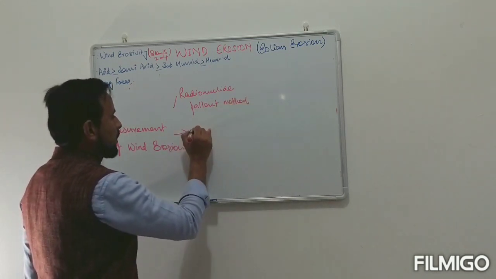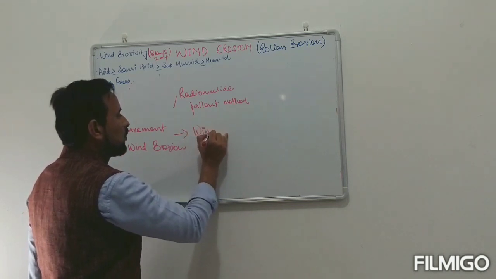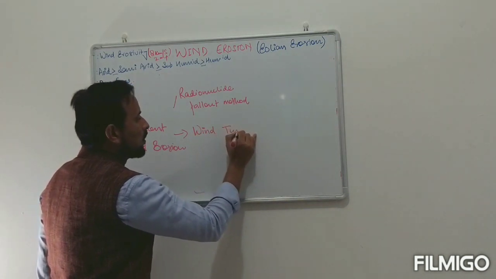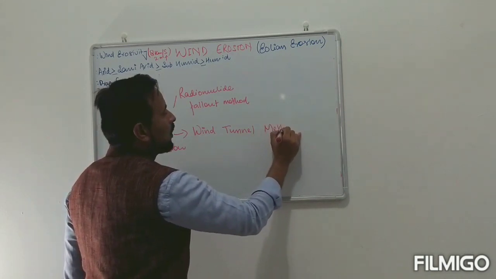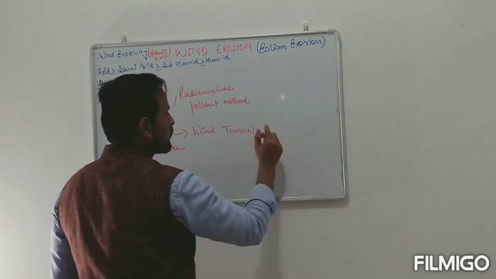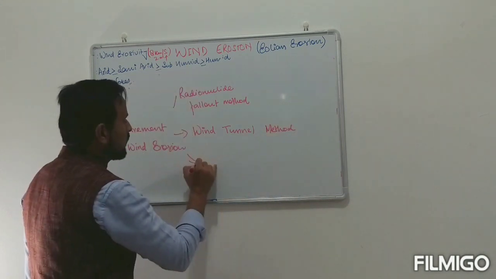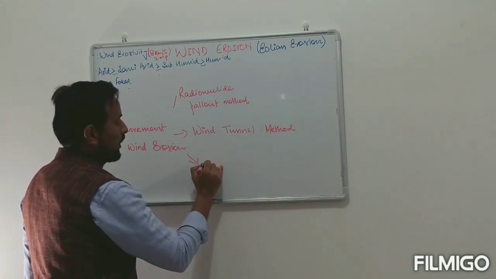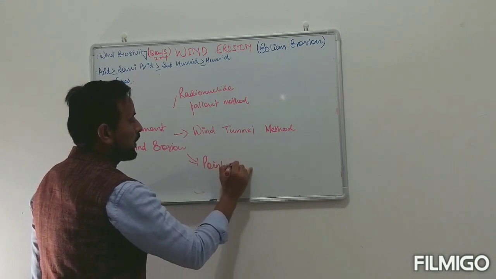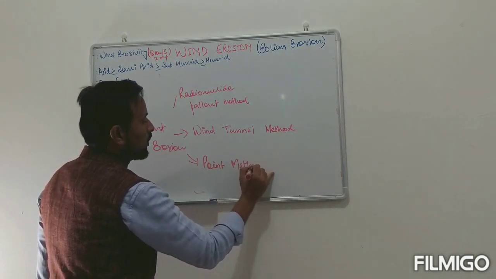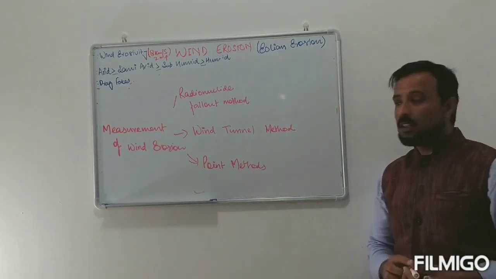Second is wind tunnel method. And third is, say, point methods. Right. So there are basically three ways by which wind erosion can be measured.